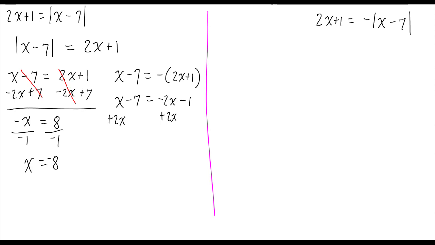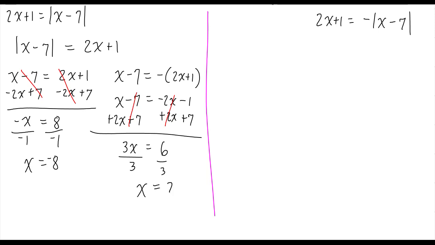I'm going to cancel out that minus 7 on the left side by adding 7 to both sides. Okay, so those should cancel and those should cancel, leaving me with 3x equals negative 1 plus 7, which is 6. Divide both sides by 3 to get that x is equal to 2. All right, so the left side gave me two results, a negative 8 and a positive 2. All right, on to the right side.